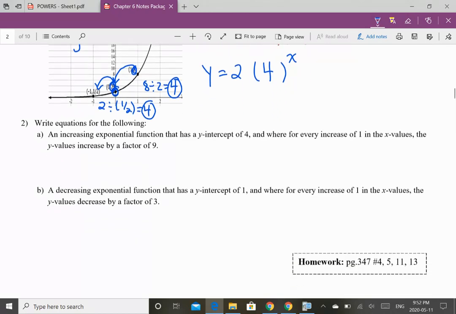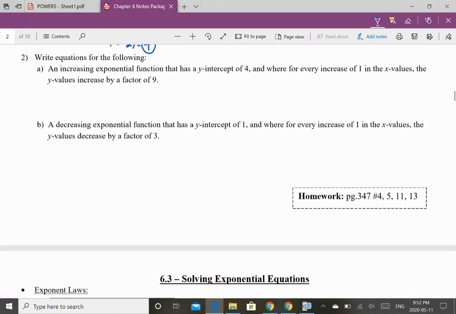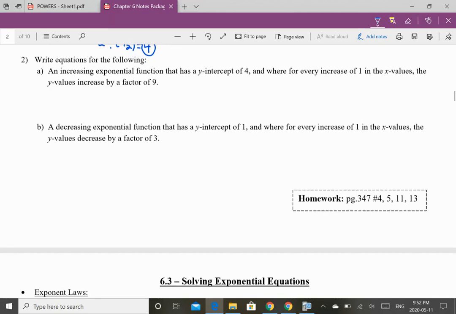In part 2, we are also writing equations, but instead of being given a table or a graph, we are just given some information about the exponential function. Let's read 2a. We are given that it is an increasing exponential function. That tells me that b is bigger than 1.